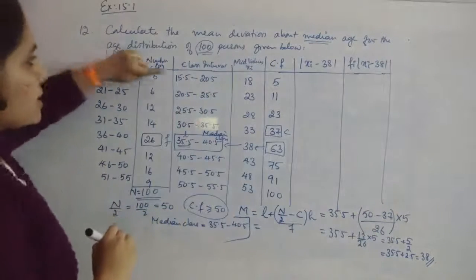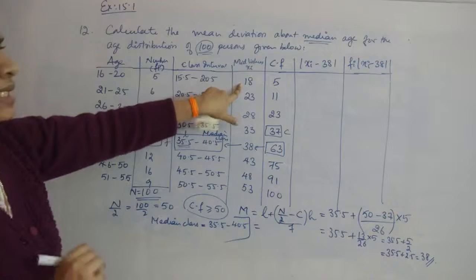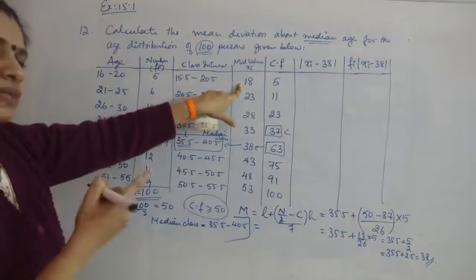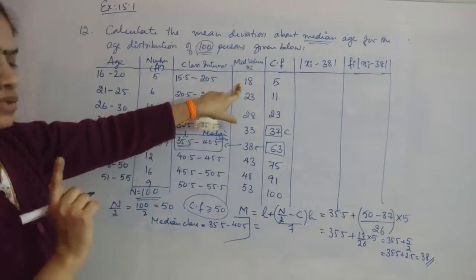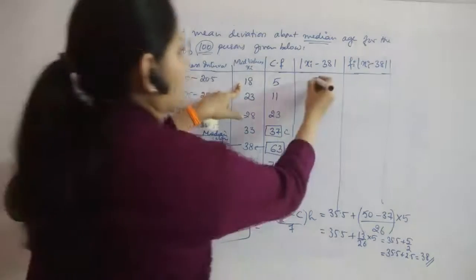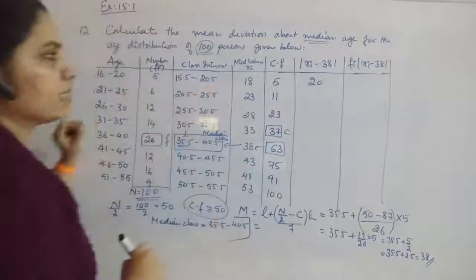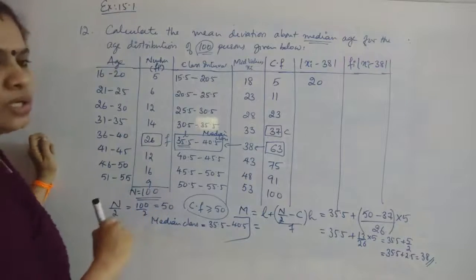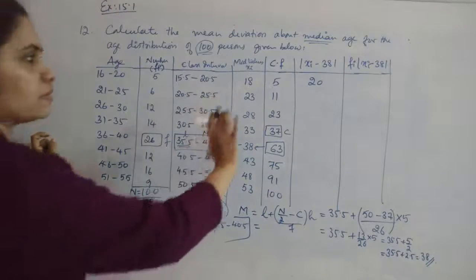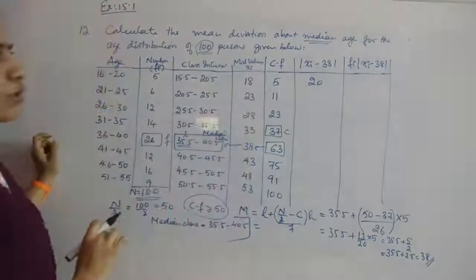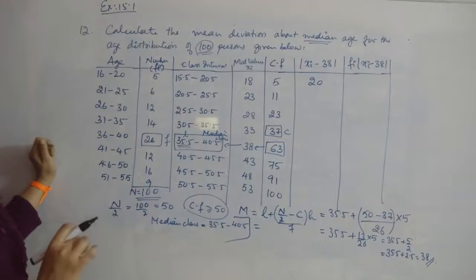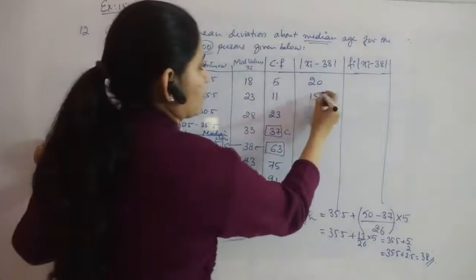Now xi is this column. So 18 minus 38, taking the modulus means you keep only the positive value, so you get 20; the negative is removed. Mod of 23 minus 38 is 15.